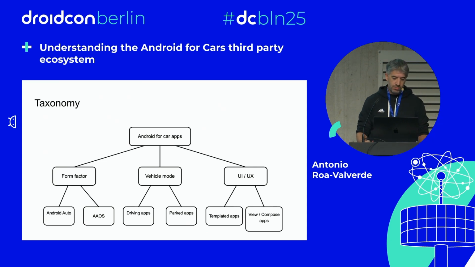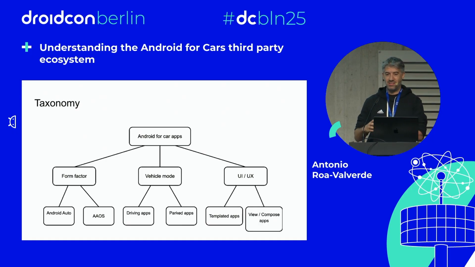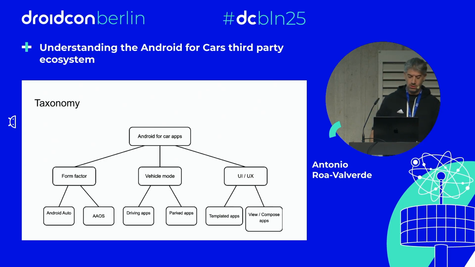The same is true depending on the vehicle mode. Some categories are only available while you are in parking mode, and others you can use while driving as well. When it comes to the UI, you have two choices. You can use what is called templated apps, and you can also build some parts of the apps or completely some apps by using the traditional way, using views or Compose.